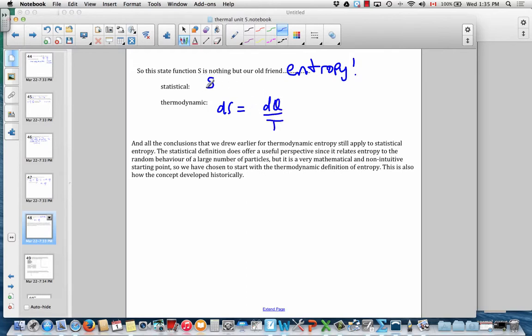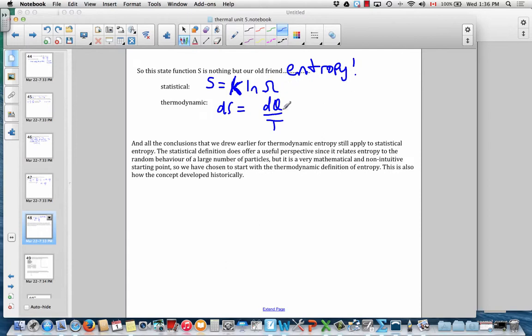We now have a statistical definition of S in terms of the number of microstates for the system. Now, all the conclusions that we drew earlier about thermodynamic entropy apply to this statistical definition. And this really completes the picture for us on entropy, and we now have to begin the multi-year process of trying to reconcile these together.